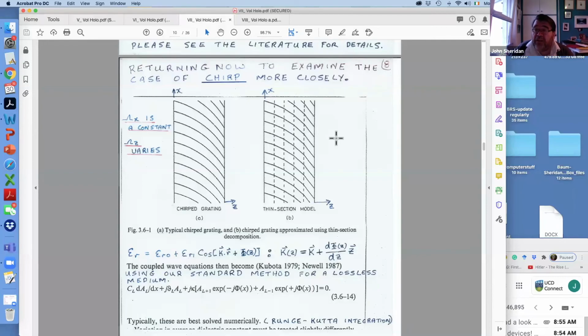If we replay a structure, let's assume something like a lens, that lens structure has a spectrum of K vectors. And when we replay that spectrum of K vectors, we're going to be producing beams which are on Bragg and beams which are off Bragg.